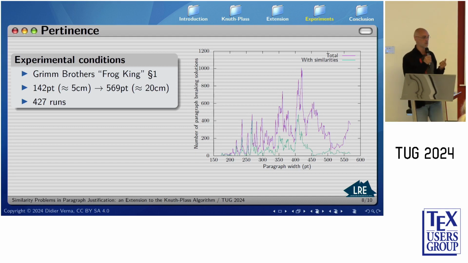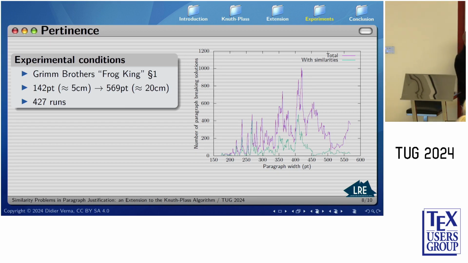So this is the first experiment that I did. I took the first paragraph of the Grimm brothers' Frog King text, and I typeset it at a range of paragraph widths that you can see here, ranging from 142 points, approximately 5 centimeters, to 569, approximately 20 centimeters, which gives you a total of 427 runs of the typesetting algorithms.